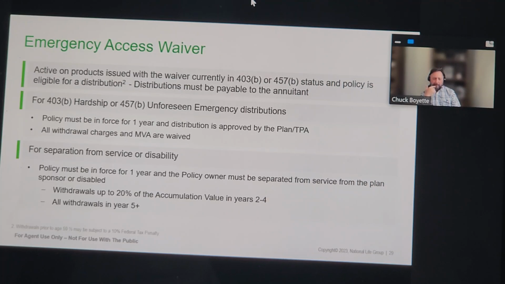And then we allow all withdrawals if they've had the annuity for 5 years or longer. So it's a way for your 403B and 457 clients to have access to their money where it's really an unforeseen situation, like an emergency or a disability, or they leave employment.